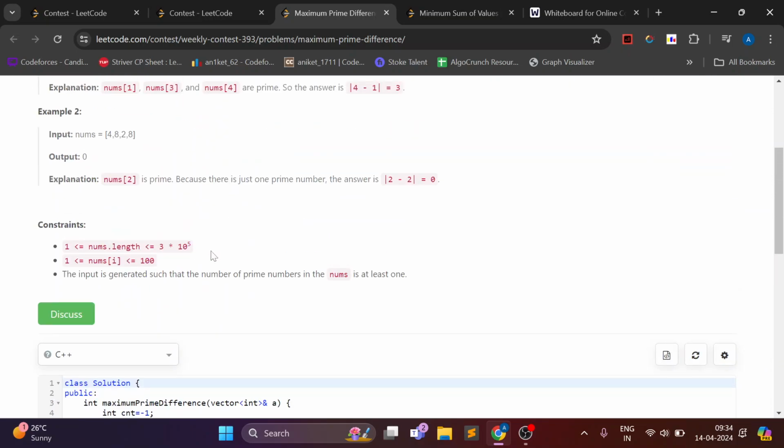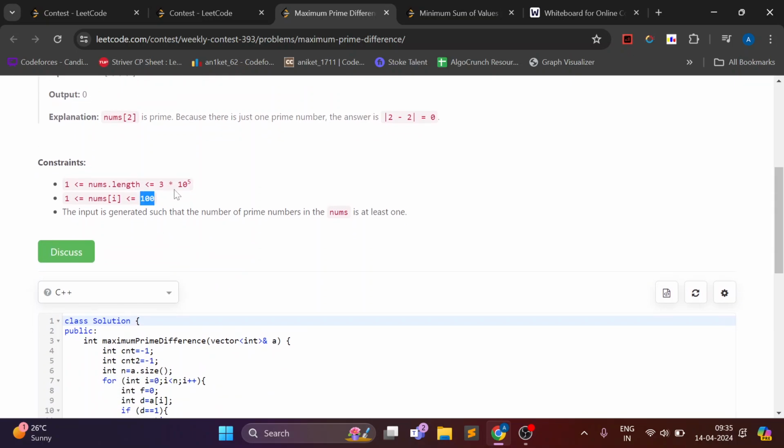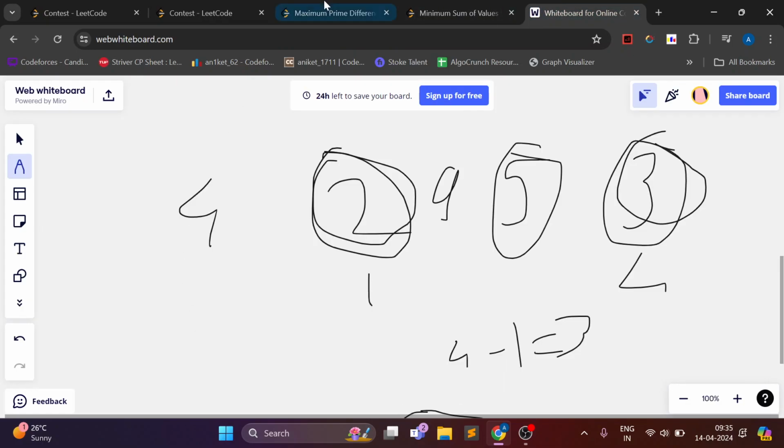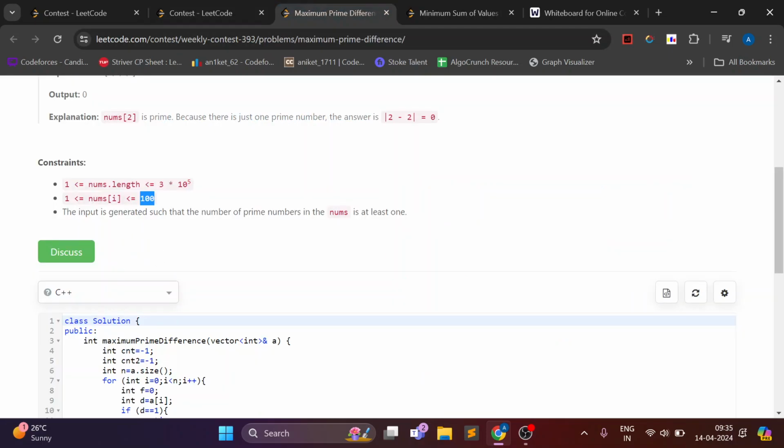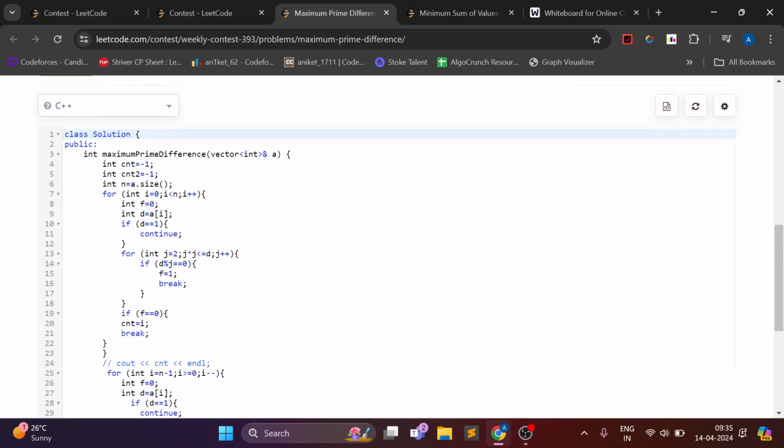And as you can see in the constraints, n is 3 into 10 raised to power 5, and to check if a number is prime or not, we can do it in square root of n, where n is the number. So complexity comes out to be 3 into 10 raised to power 6, which should not give TLE.